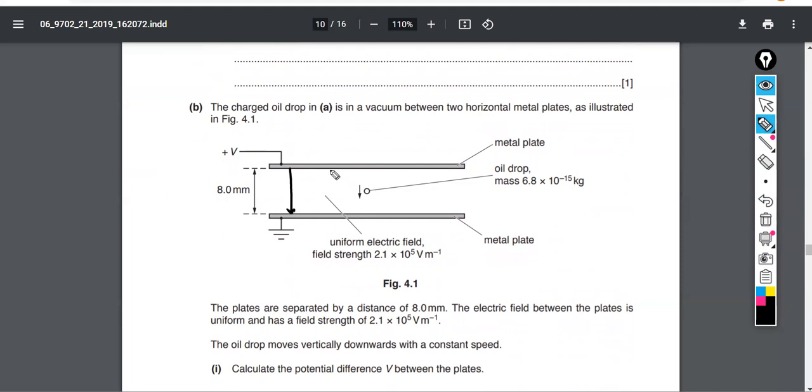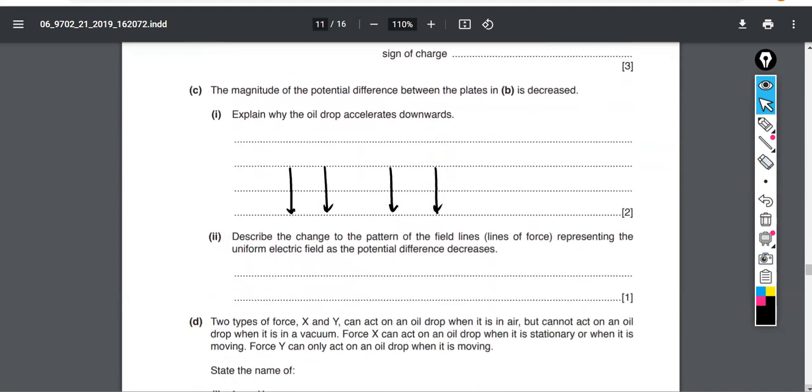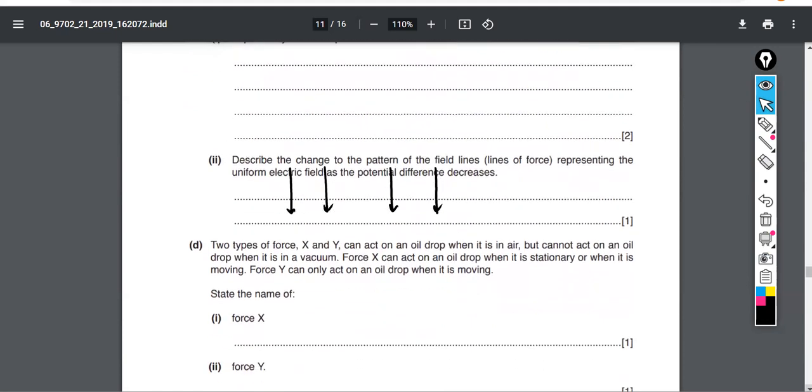So if before there were field lines like this, then I draw fewer lines, or there'd be more space between them. What happens to the pattern of the field lines? They get further apart. There's more space between them, right?